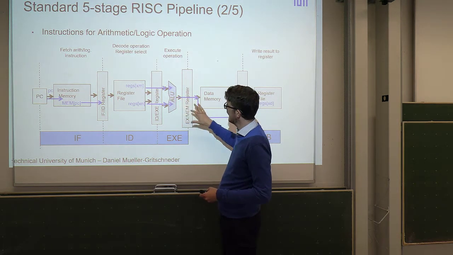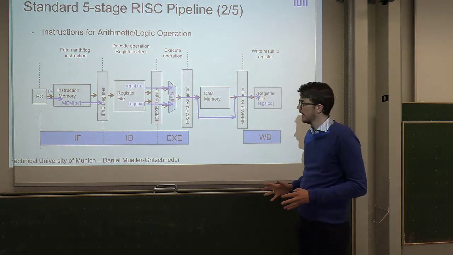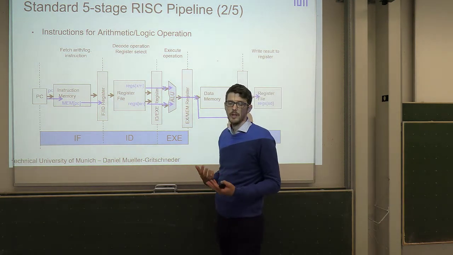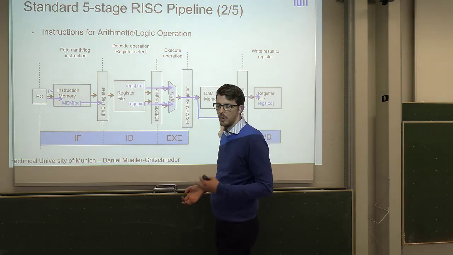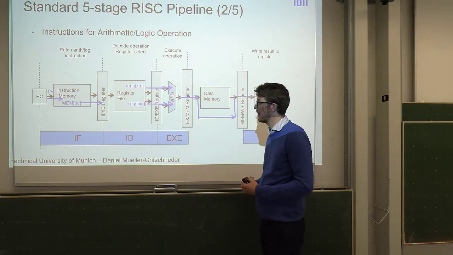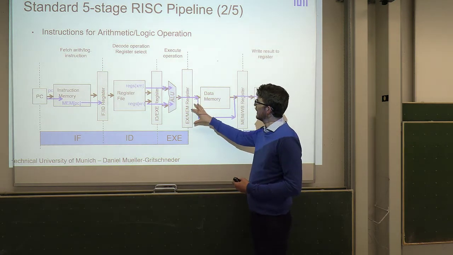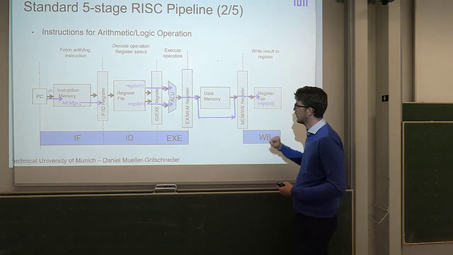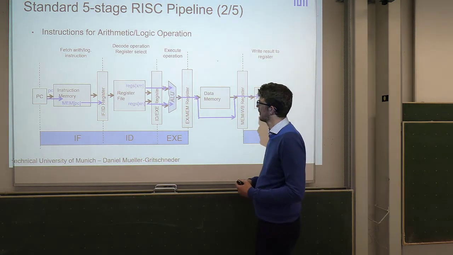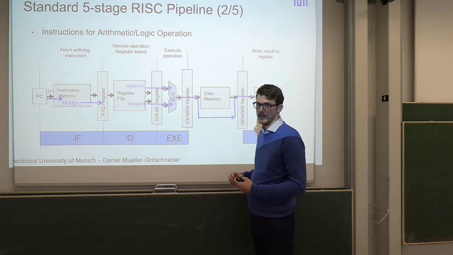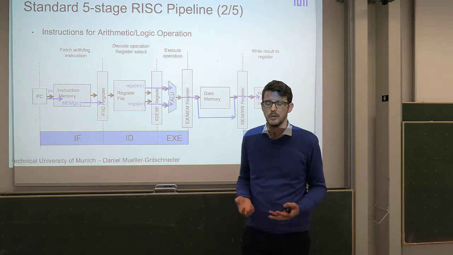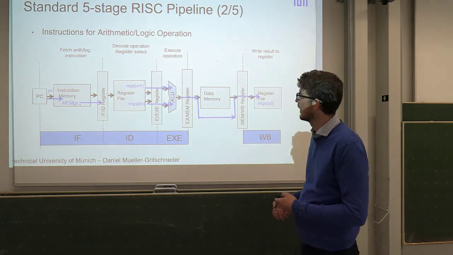And then, this is also special, right? The arithmetic or logic operations do no interaction with memory. Only load and store have interaction with memory. Therefore, they just bypass this stage, and then they move into the write back stage here. So there's nothing happening here. So sometimes in this pipeline design, some stages are unused by an instruction.